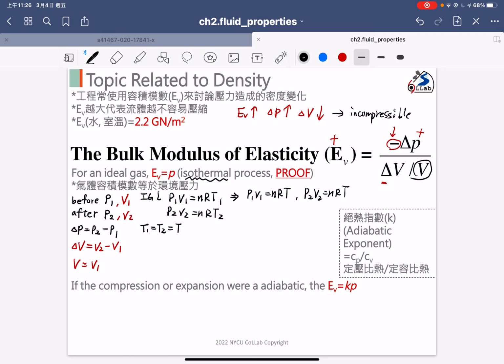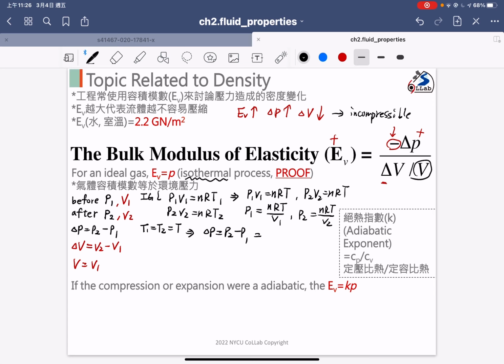Okay, and then we can reorganize the equation so that P1 is equal to nRT divided by V1, and P2 is equal to nRT divided by V2, and then we compute delta P, which is P2 minus P1.